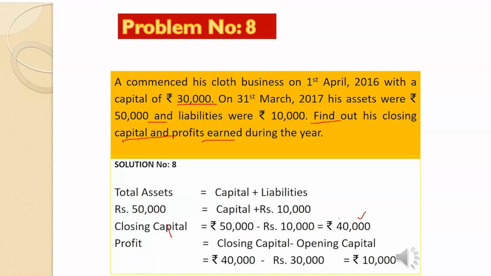Profit is equal to closing capital minus opening capital. Closing capital is 40,000 and opening capital is 30,000, so the amount of profit is 10,000. Okay.